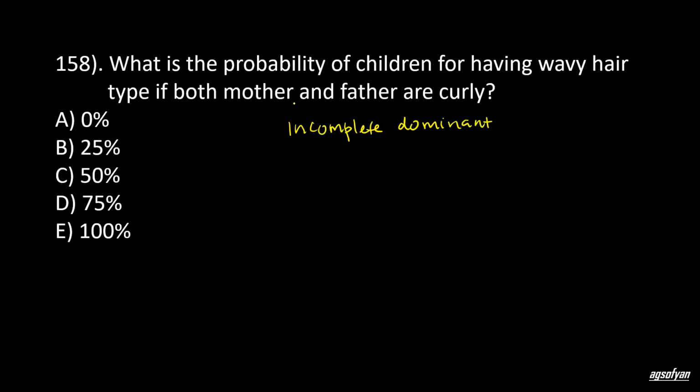So look at this, mother and father are curly. So we can use the letter capital C for curly. And the father is going to be the same, capital C. So all the children will be curly.